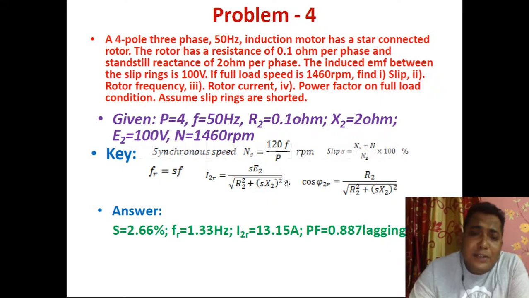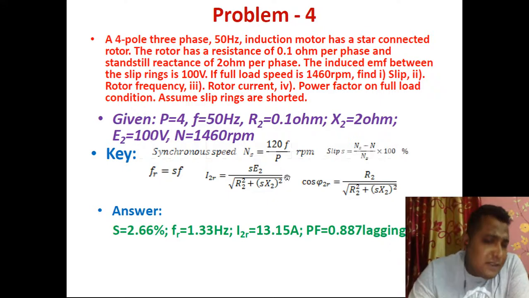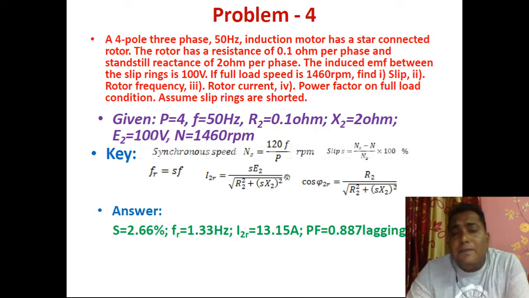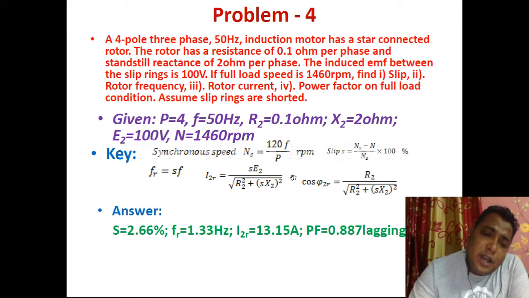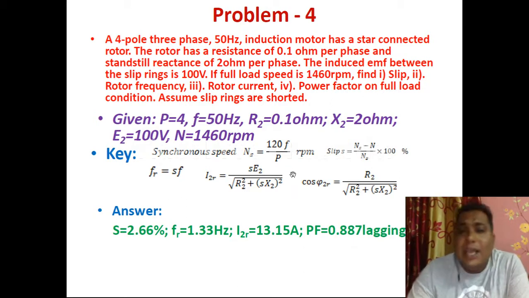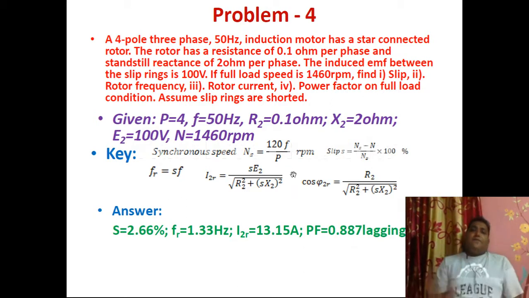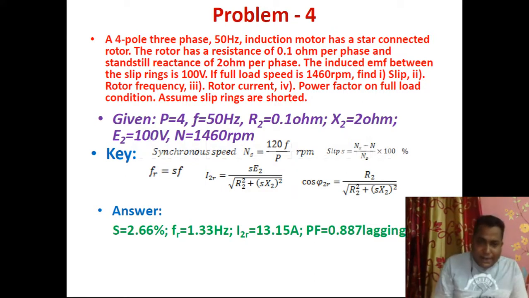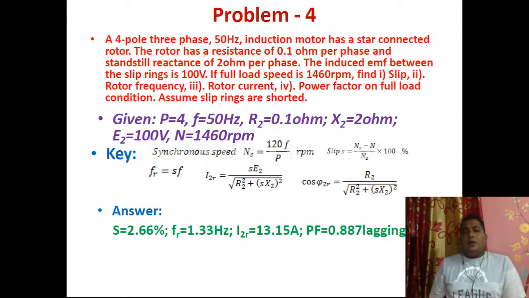All values are given in the problem, so just put the values and you can find the current value. And cos phi 2R is R2 by Z2, where Z2 is equal to under root R2 square plus (sX2) whole square. Put the values and you can find your solution.